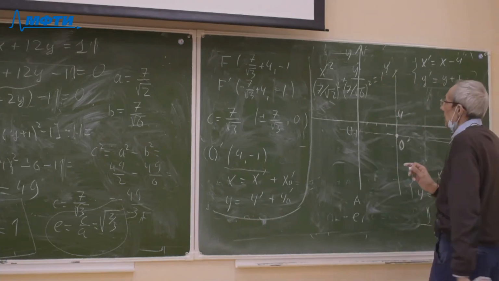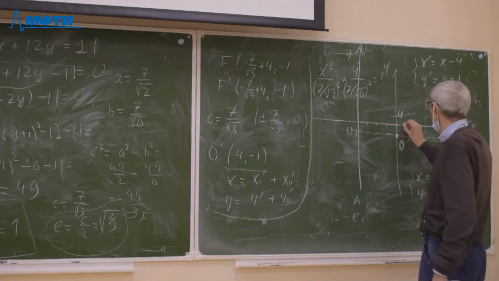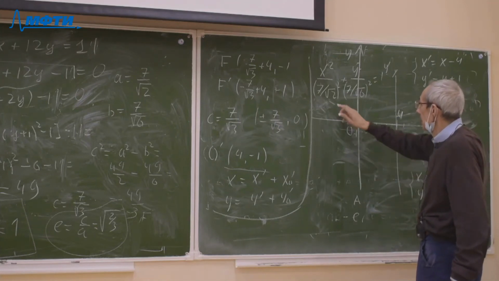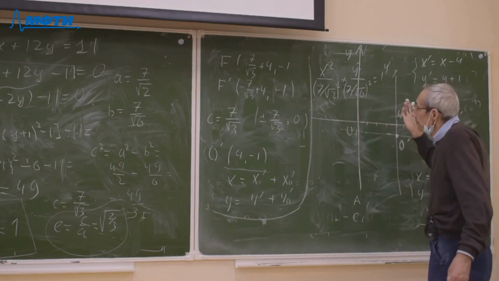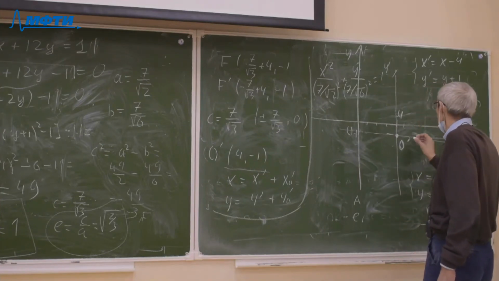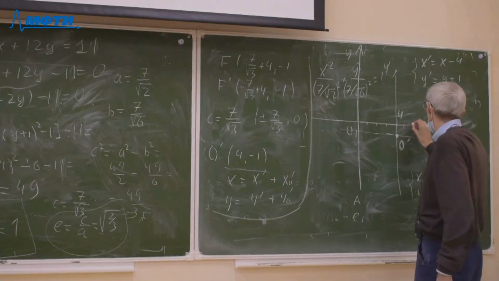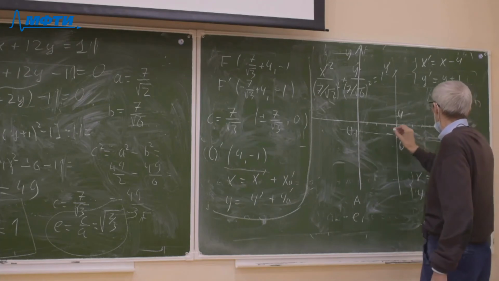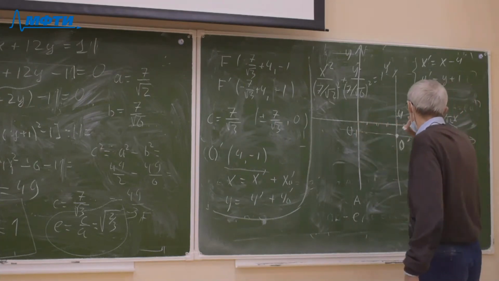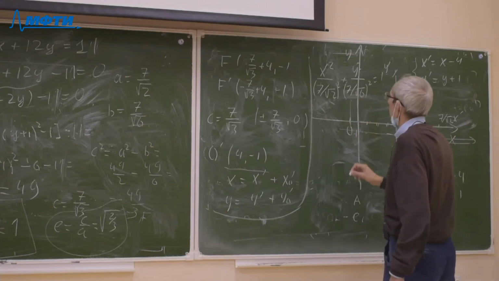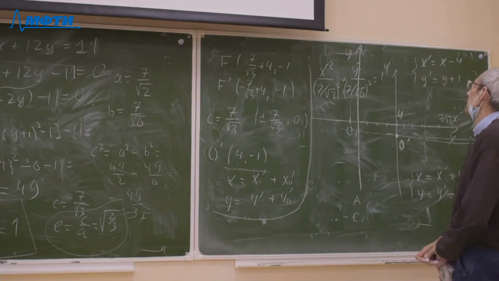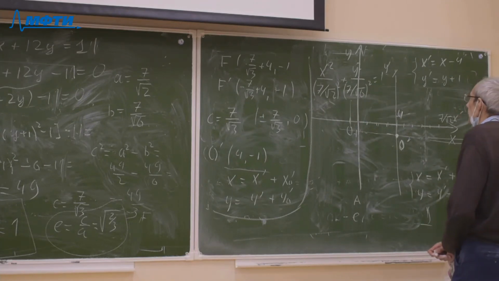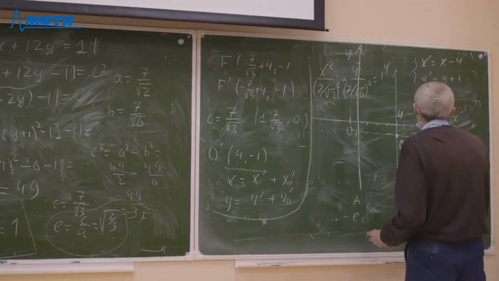And in this new coordinate system, we have the value for a approximately 5, and b, root square 6, approximately 3.